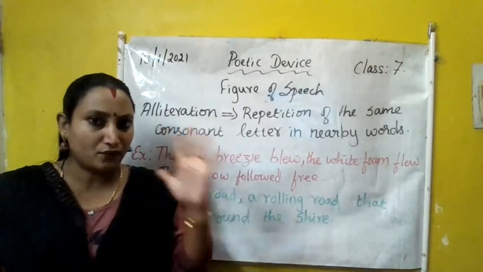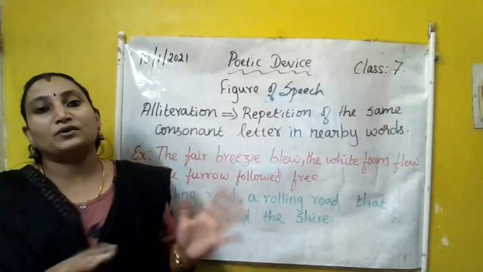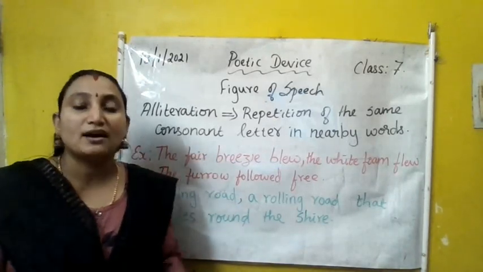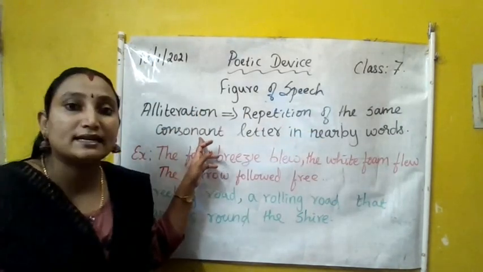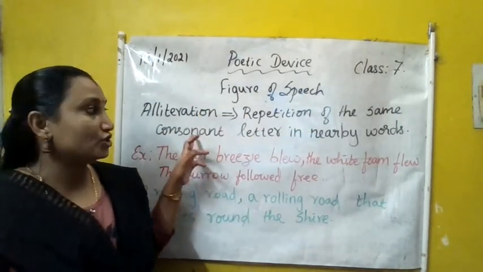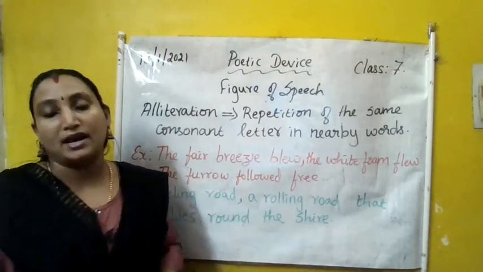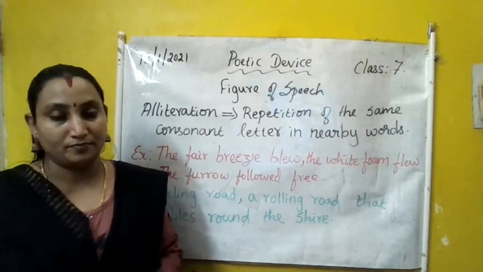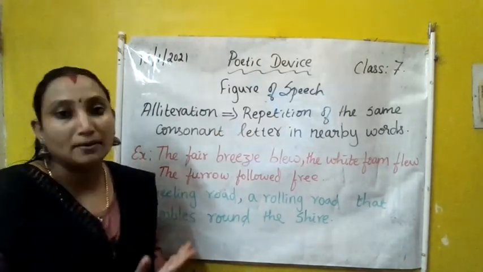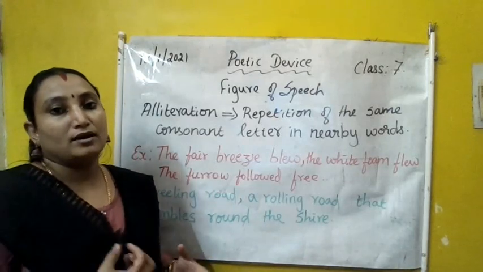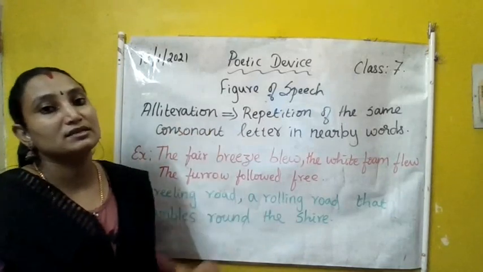Vowels are only 5: A, E, I, O, U. Apart from these, the remaining 21 letters are consonant letters. The repetition of the consonant letter in nearby words or in the same line is called alliteration. The poet uses alliteration to add rhythm or a musical sense to his writing.